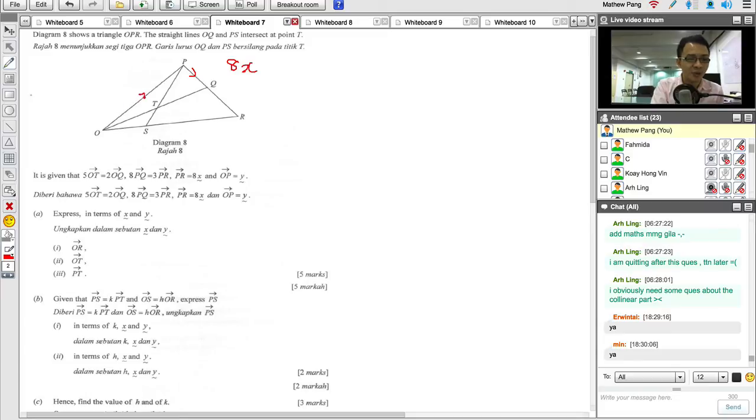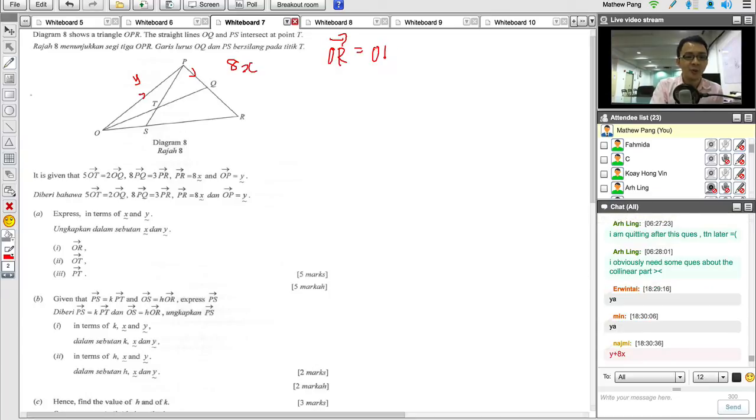OP, in this direction, will be y. The first part asks us to find OR. OR is the simplest one. It's just OP plus PR. OP equals y, PR equals 8x. Yeah, done. I think this is just 1 mark.